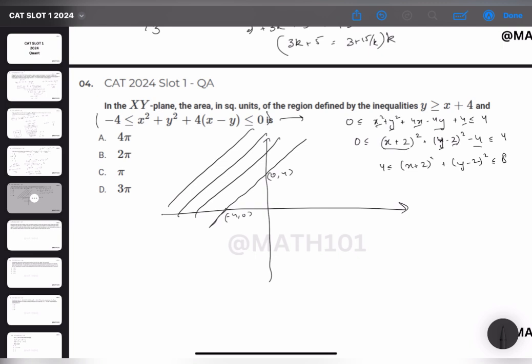So notice this inequality is a circular ring centered at minus 2 comma 2. Minus 2 comma 2 is this point. The inner radius is 2, this is root 4, and the outer radius is root 8.